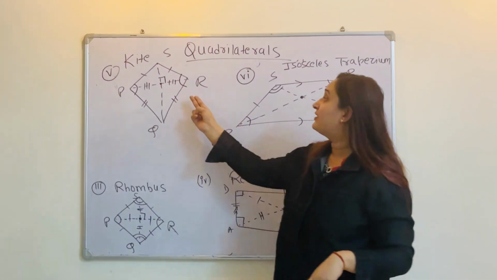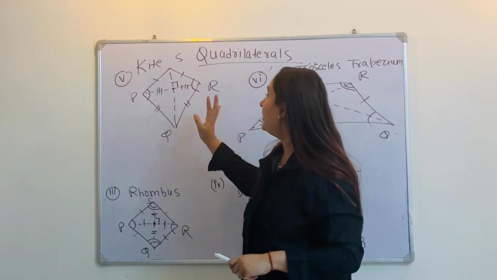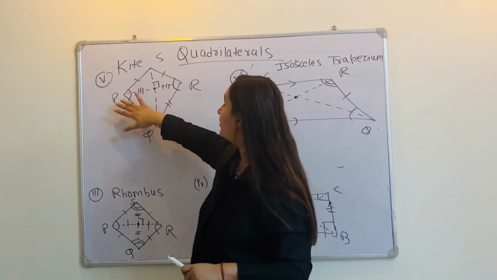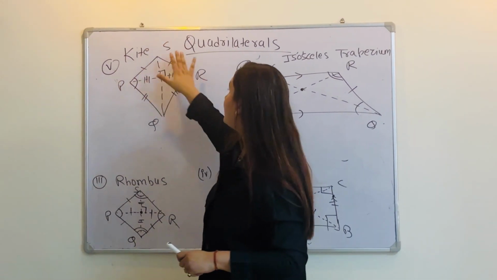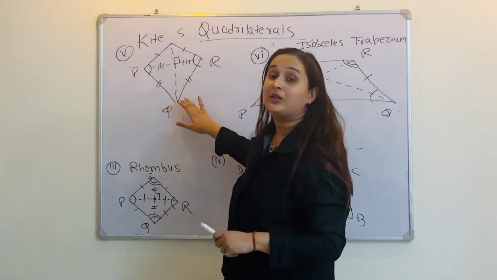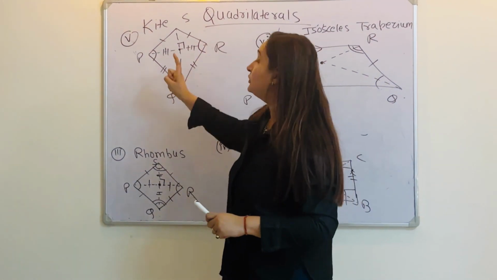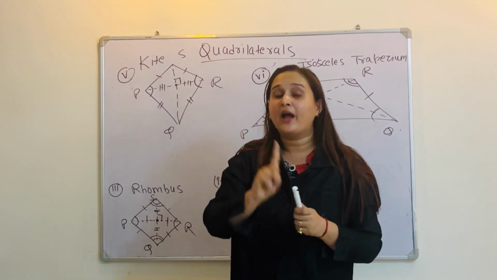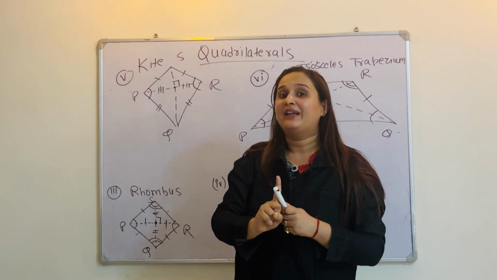The fifth figure is a kite. Now in a kite, the two adjacent sides are equal. As you can see, children, over here, PS is equal to SR and PQ is equal to QR. Also, only one pair of opposite angles is equal.